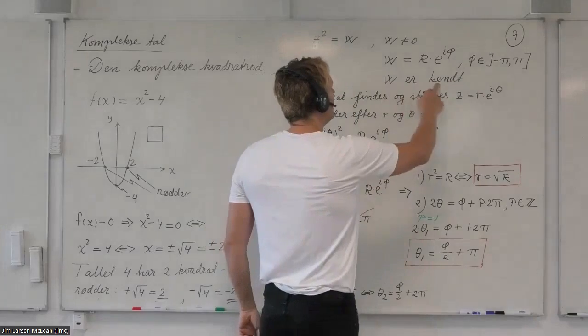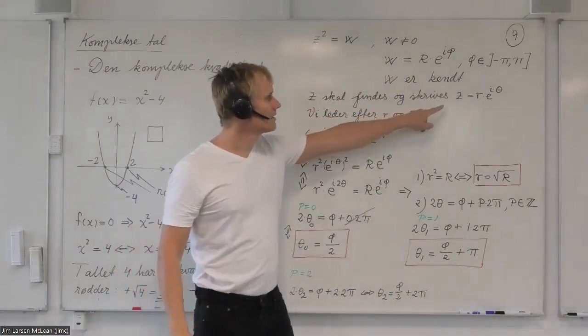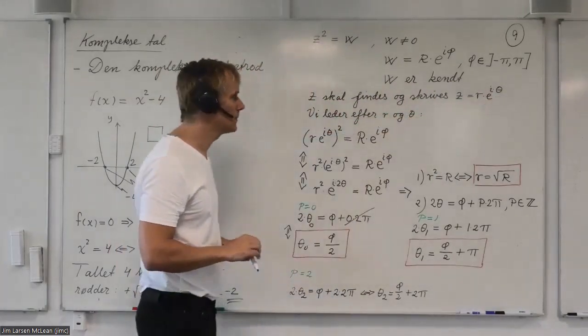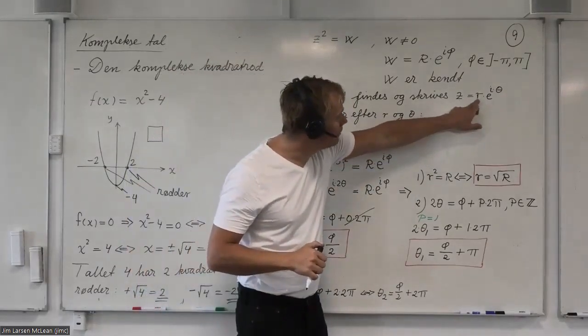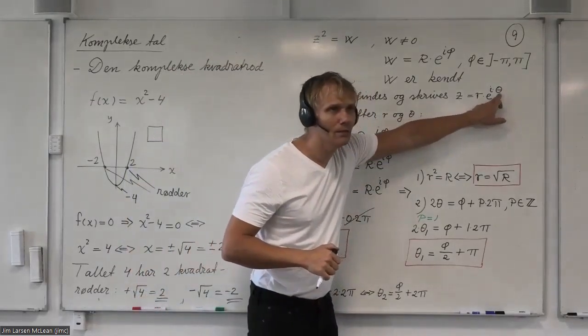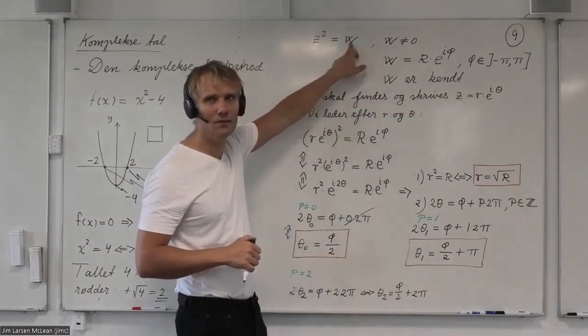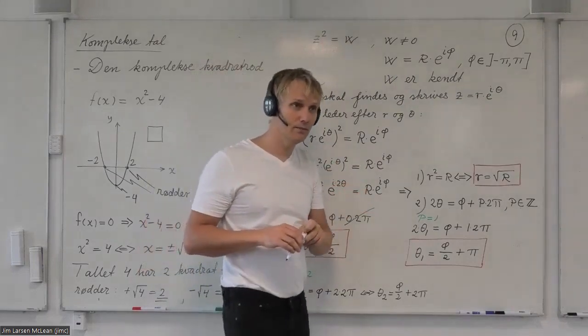So given I know this, z is unknown, so I want to find z, and I'm writing z down as r e to the i theta. So what I'm looking for is precisely that modulus and that argument, so that the number squared will yield w. That's what I'm after. And if I can manage to find them, then I've found the square roots of w.